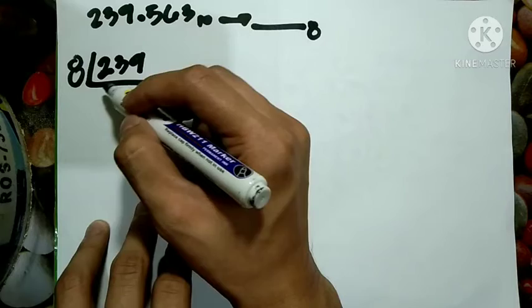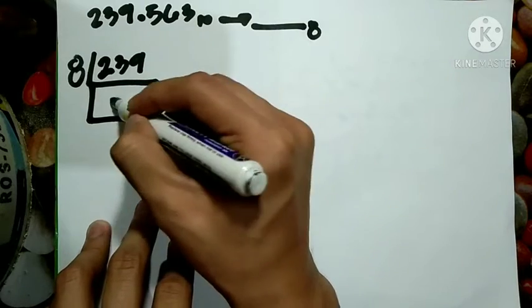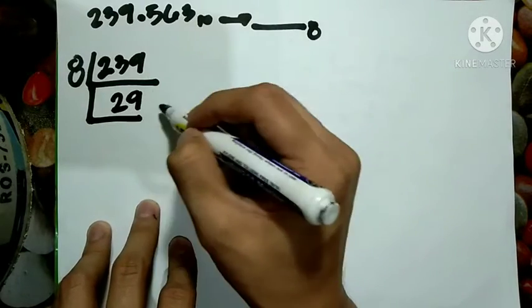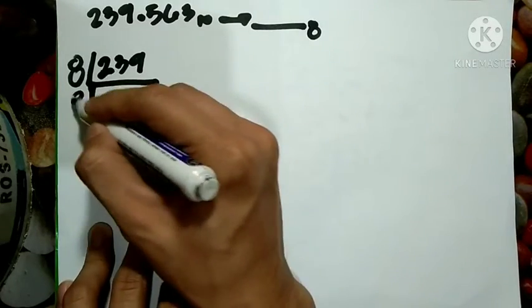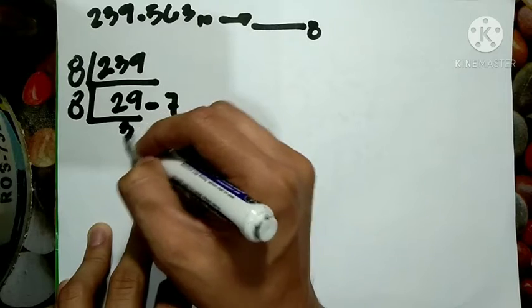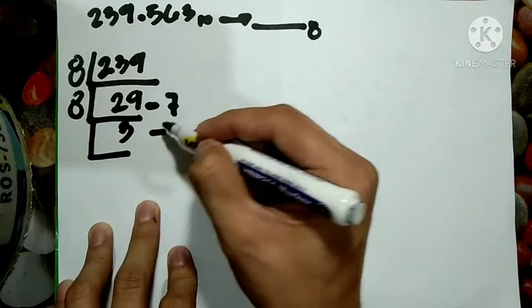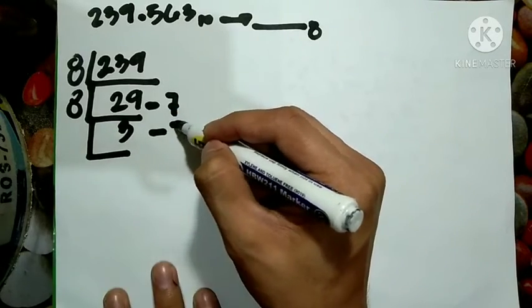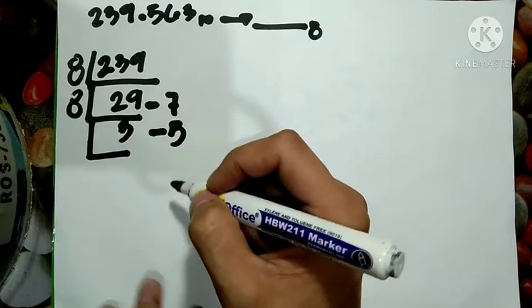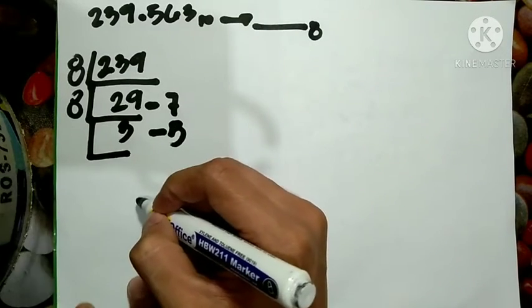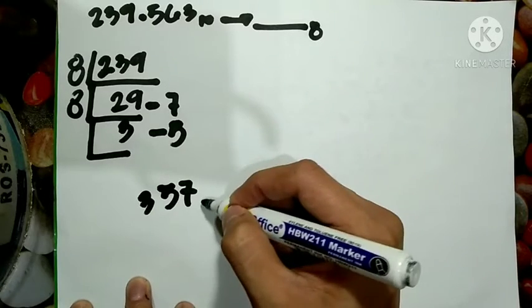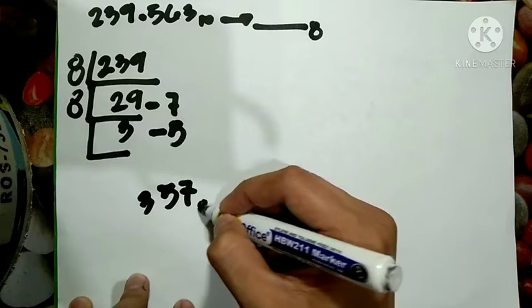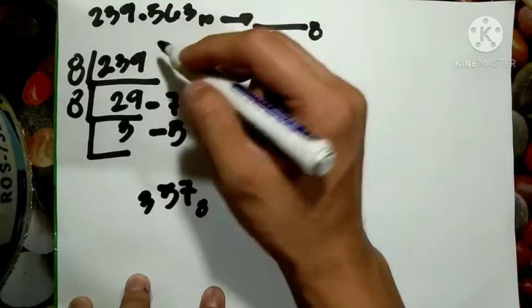So 239 divided by 8 is equal to 29. Then the remainder is 7. Then 29 divided by 8 is 3, and the remainder is 5. So our answer is 357 in base 8.